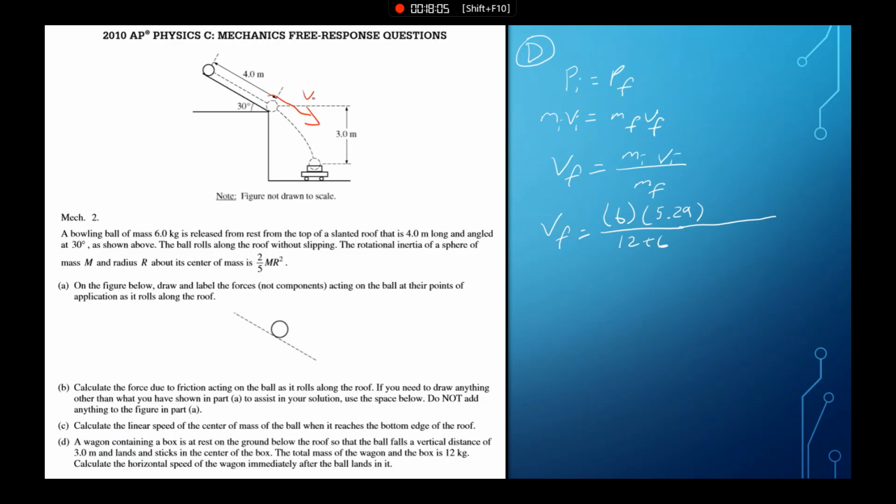So it should be V cosine for horizontal. So we multiply by cosine 30. That's root 3 over 2.